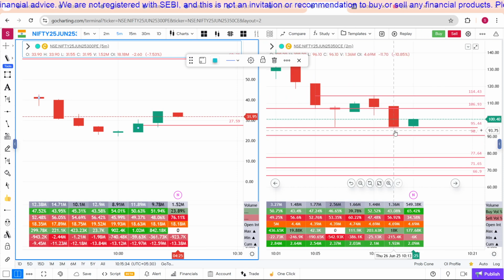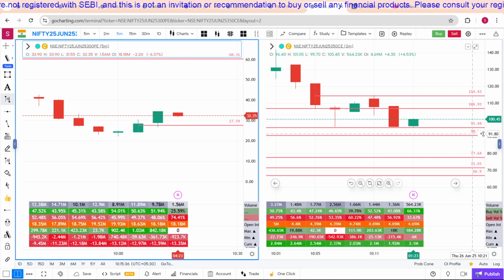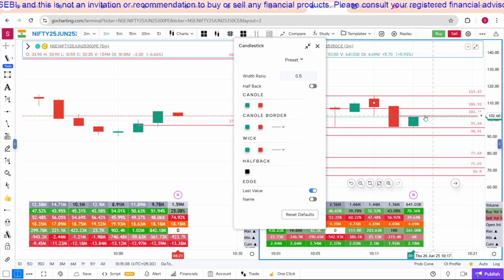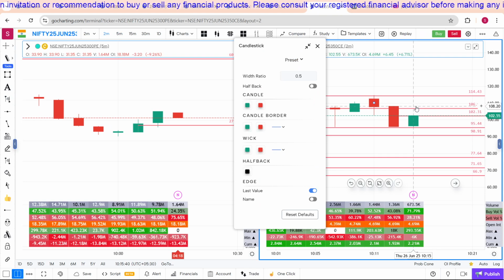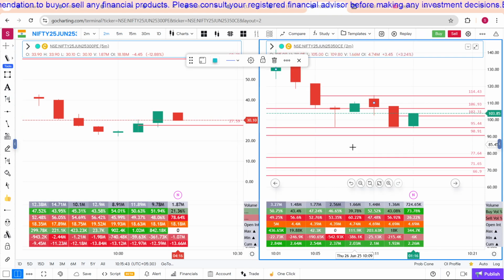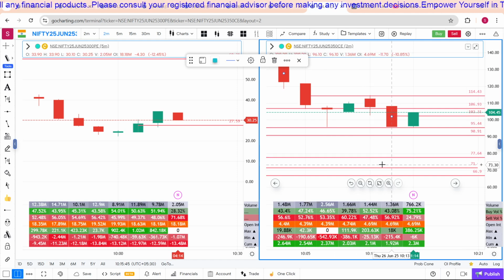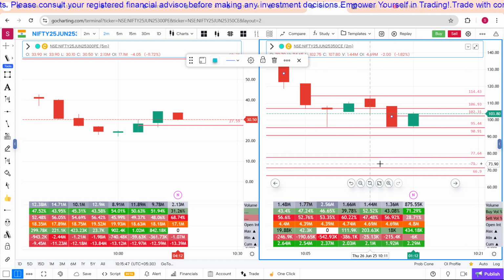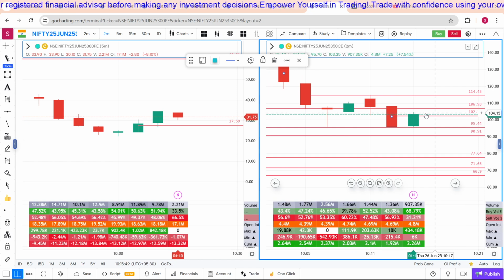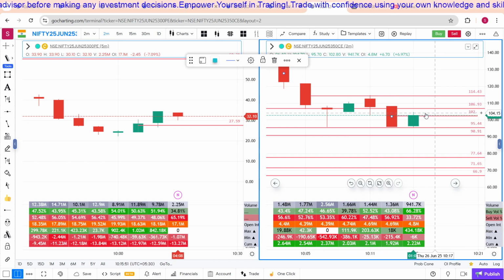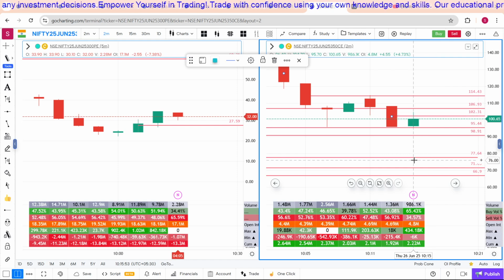This is a big candle, no? So the resistance is important. If this resistance is breaking above with good volumes, then it is a buy again. Otherwise, it will keep on going down.